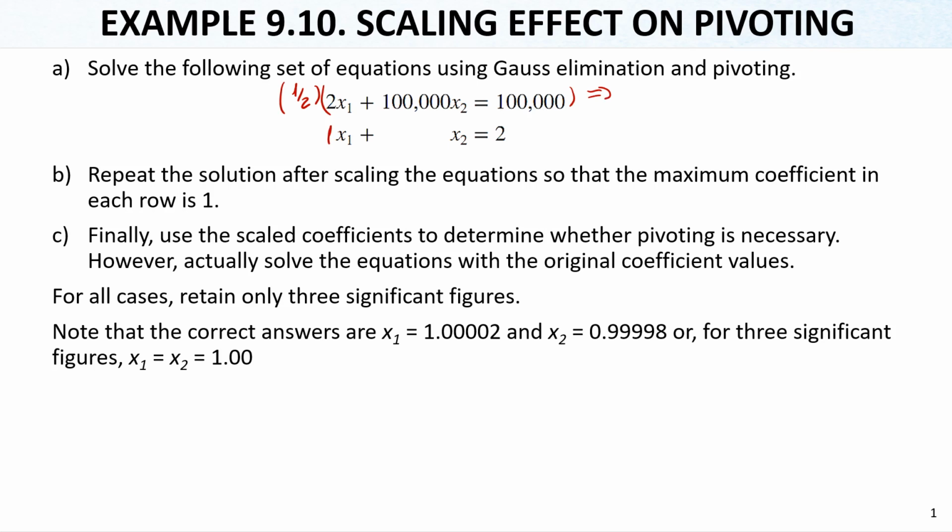Then from here we will have x1 plus 50,000 x2 is equivalent to 50,000. The result is this, and we subtract this from the second equation.